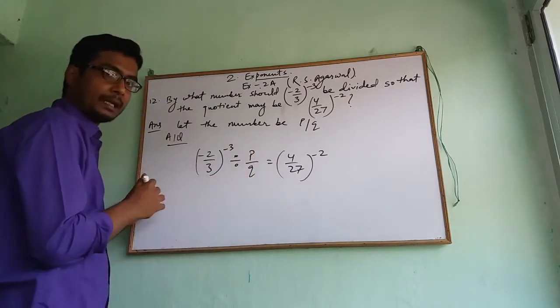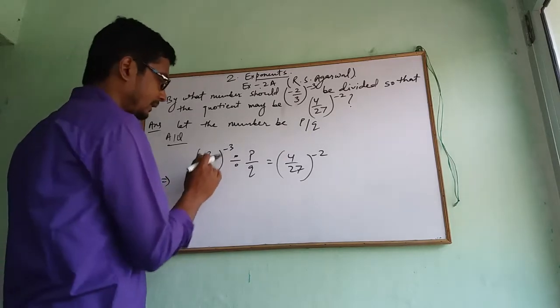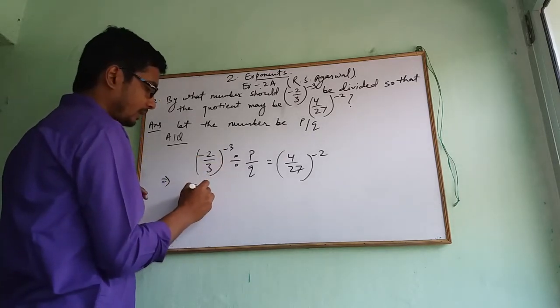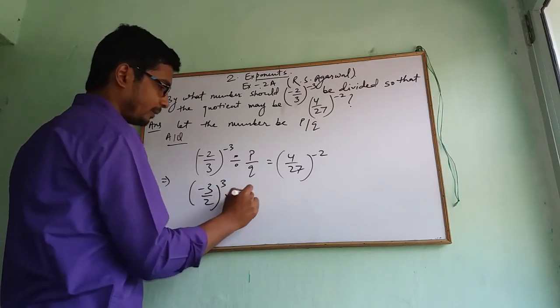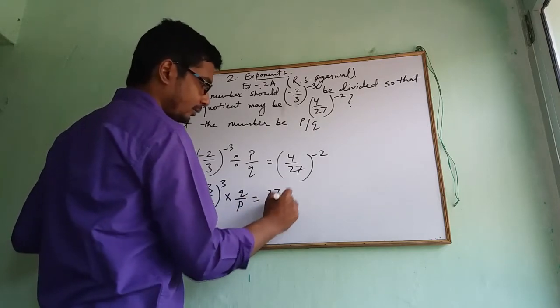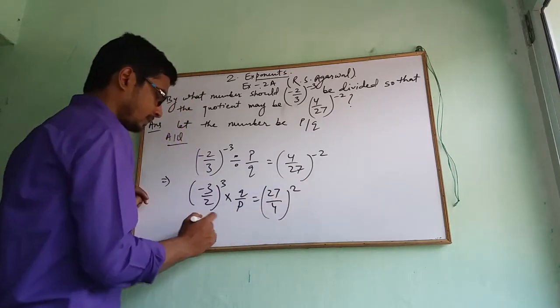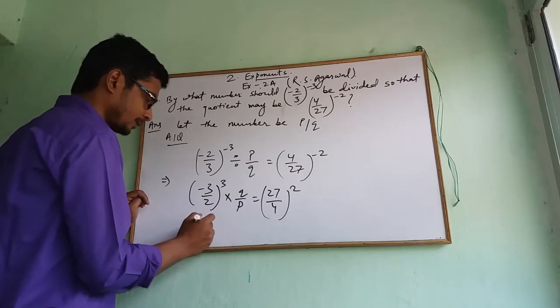Now I have to find the value of P by Q. So first of all I will simplify this. You can write here, (-3/2)^3 multiplied by Q by P is equal to (27/4)^2.